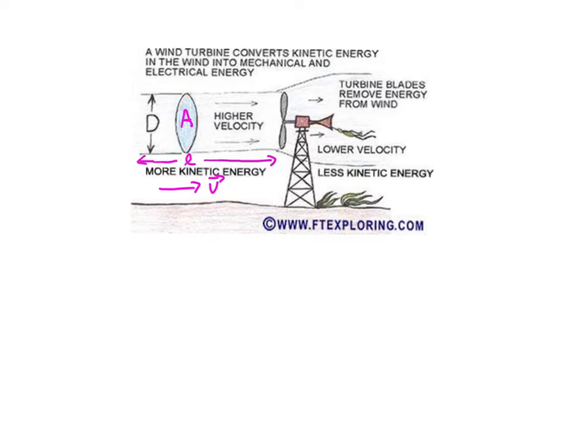This is the area A of the wind that's being intercepted by the rotor on the wind turbine. And of course, A and D are simply related. A is just pi times D over 2 squared.